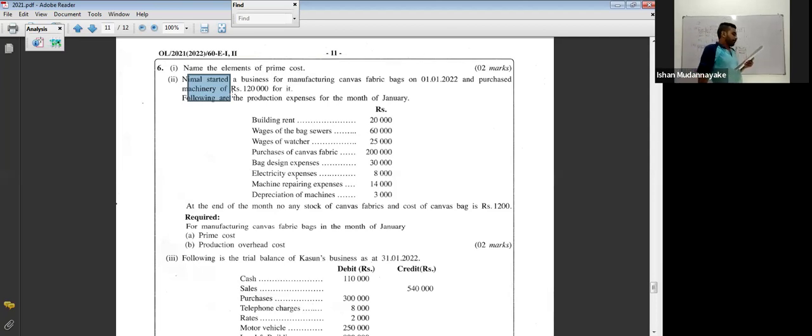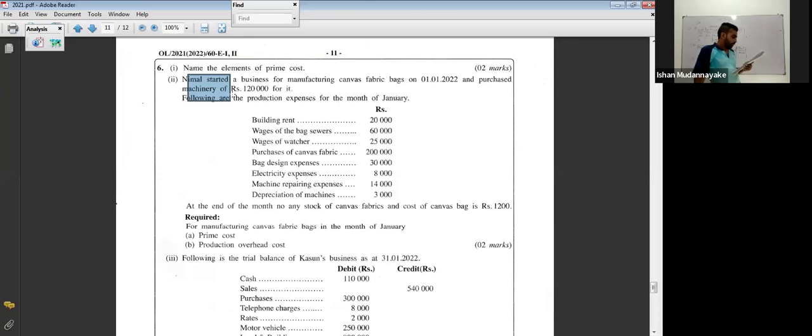Nimal started a business for manufacturing canvas fabric bags on 1st January 22 and purchased machinery of 120,000 for it. Following are the production expenses for the month of January.